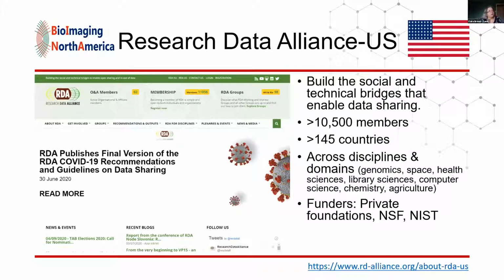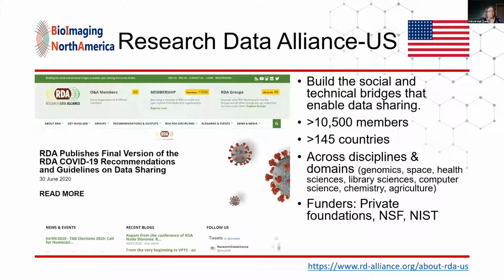So another group in the US is the Research Data Alliance, which is actually an international organization, but has an American outlet. And this group is building social and technical bridges to enable data sharing. It has a large membership across 145 countries, and it crosses all disciplines.